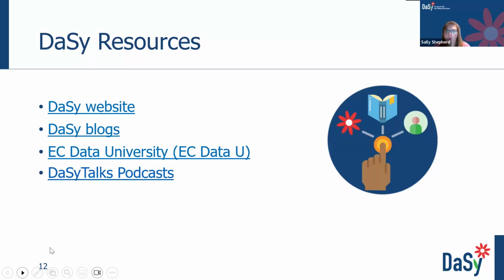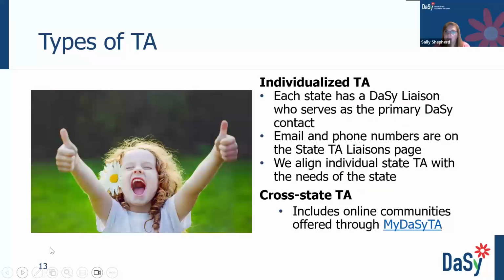One of the other TA opportunities we wanted to talk about, of course, is individualized state TA, and it's available to Part C early intervention and Part B 619 early childhood state staff, and it's related to the collection, analysis, reporting, and use of their programs' data.